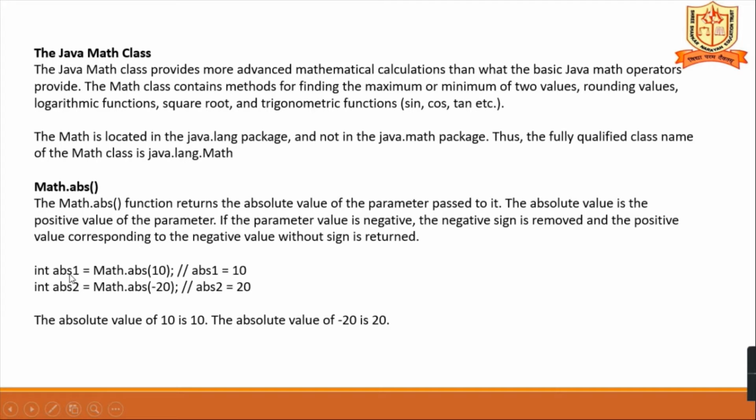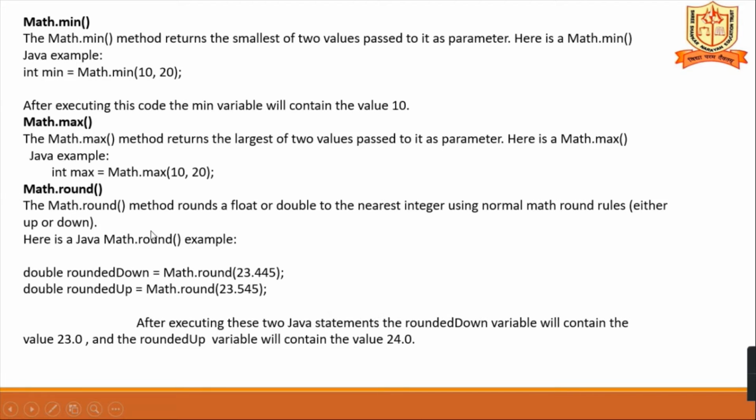See here, integer abs1, Math.abs of 10. Math.abs is a function present in the Math class. What is the output? 10 is the output. And here abs2, Math.abs of minus 20, the output is 20. Absolute means it returns the positive value of the parameter.